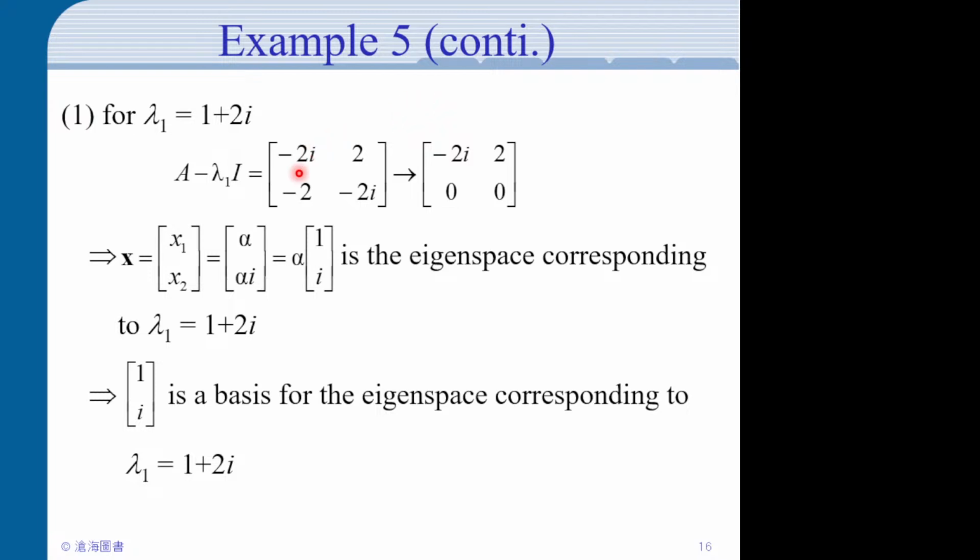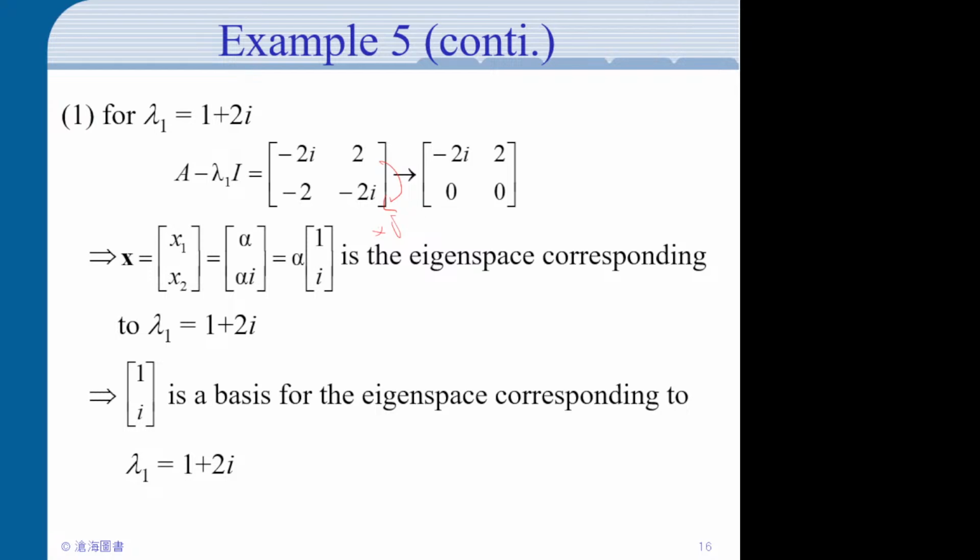Okay. So you can multiply the first row by some factor and add it to the second row to eliminate. If you multiply the first line by i, then this becomes plus 2, and that will cancel with this minus 2, and this becomes 2i, and 2i minus 2i becomes 0.